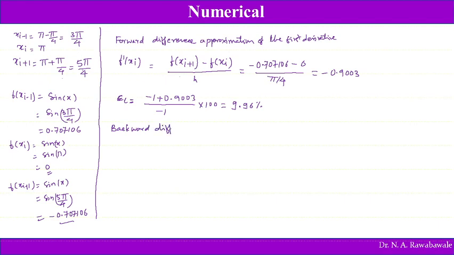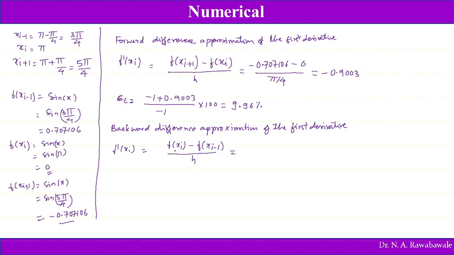Then we go for the backward difference approximation of the first derivative. The formula for backward difference is f dash of xi is equal to f of xi minus f of xi minus 1 divided by h.